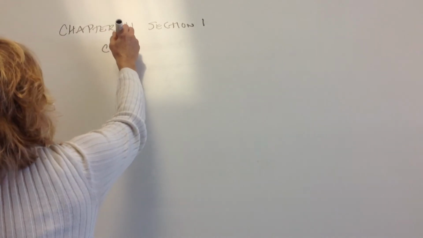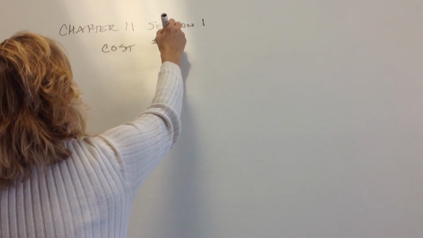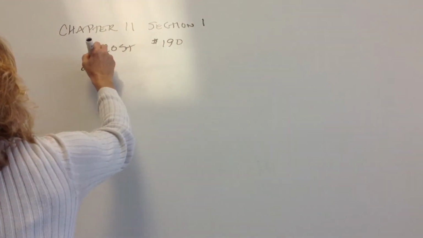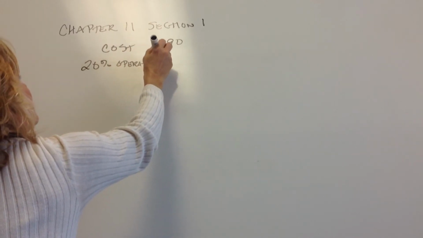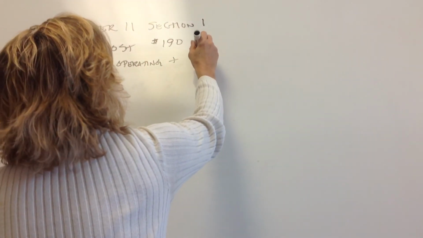So we've got cost of $190. We have 20% to cover operating costs. And then we've got 15% to provide for net profit.